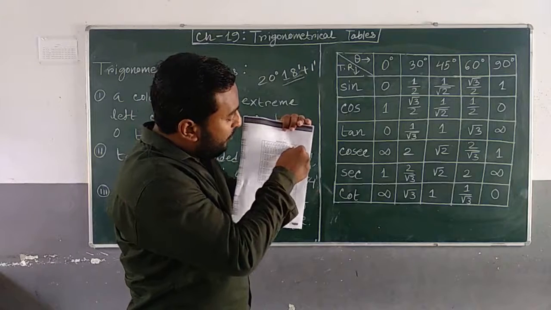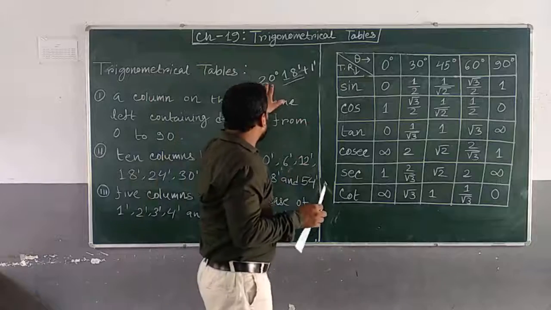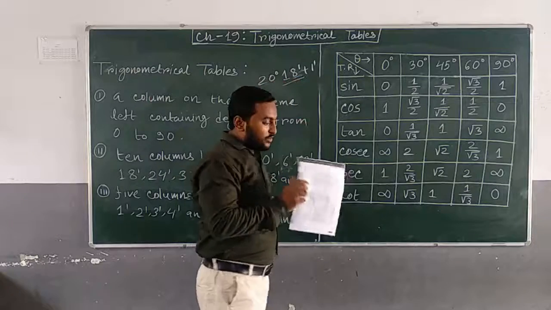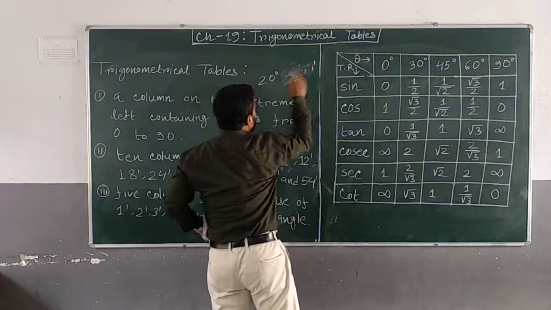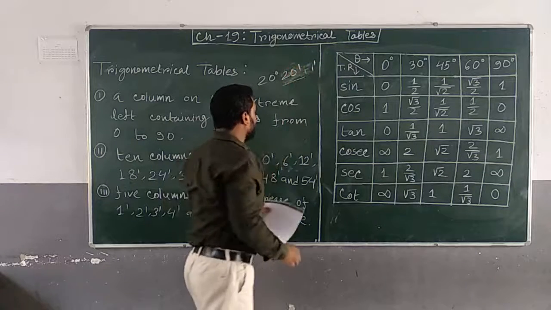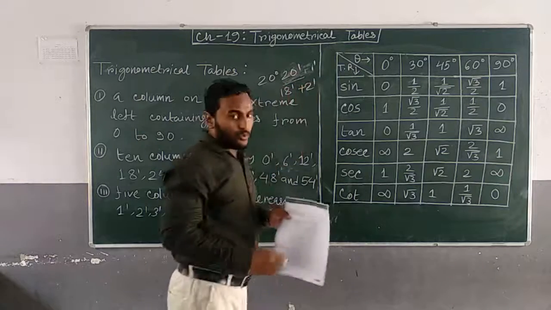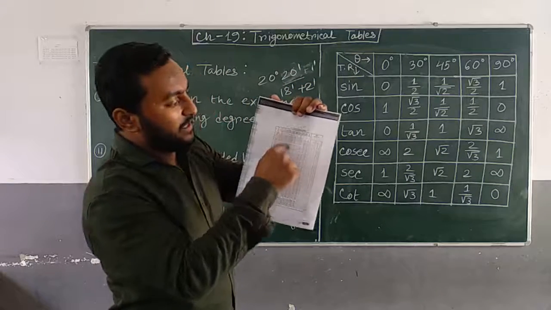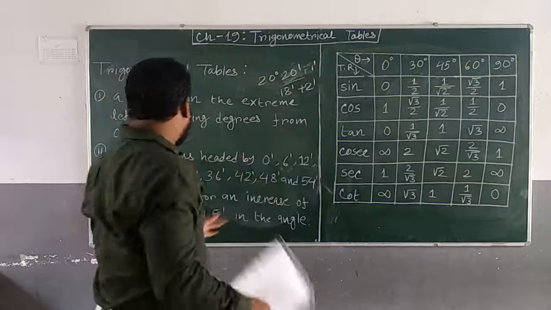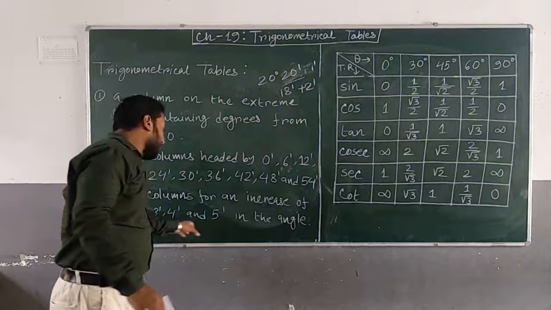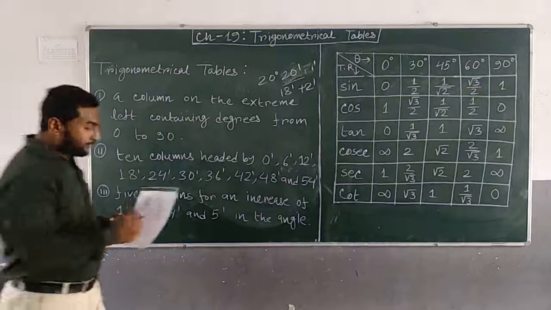This 1 minute you have to add to 20 degree 18 minutes. Suppose it is 20 degree 20 minutes, then you will write 18 minutes and 2 minutes. You find 18 minutes from here and 2 minutes from here. And these 5 columns are known as mean differences.